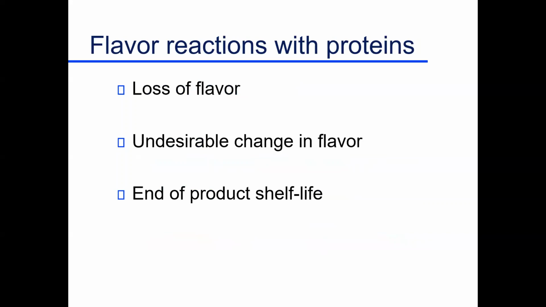The idea of flavor reactions with proteins. The first thing that comes to mind is that if you put a flavor in contact with a protein, there's going to be a reaction. How many amino acids are there? What functional groups are there? There's acids, right?